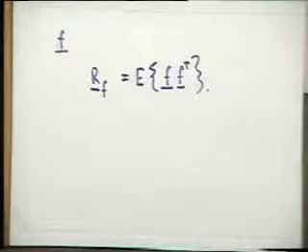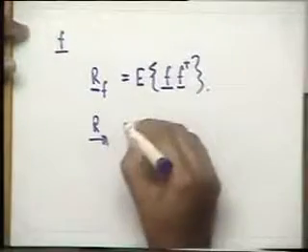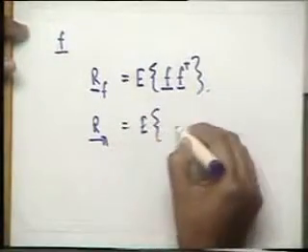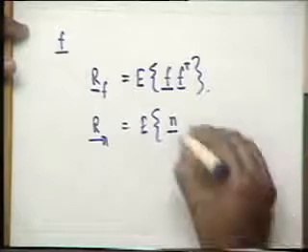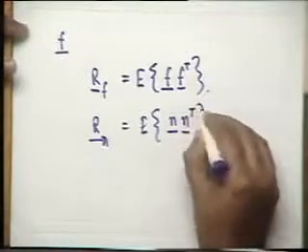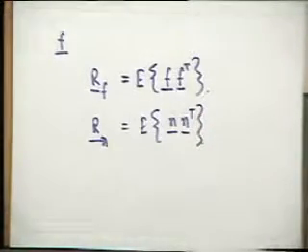And very similarly the correlation matrix for the noise N is defined as Rn, the expectation of N N transpose, where E is the expectation operator.